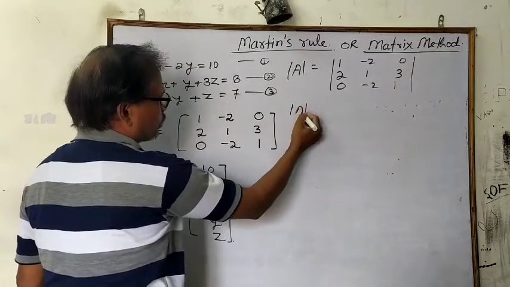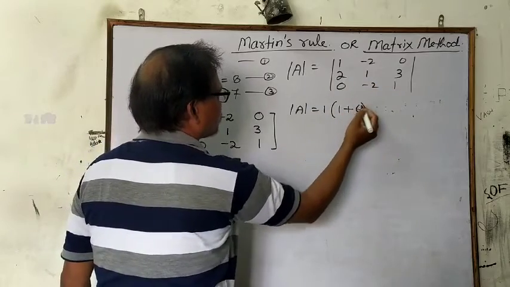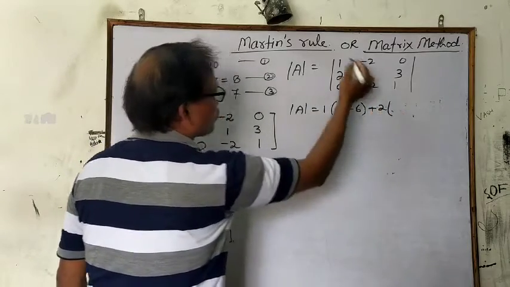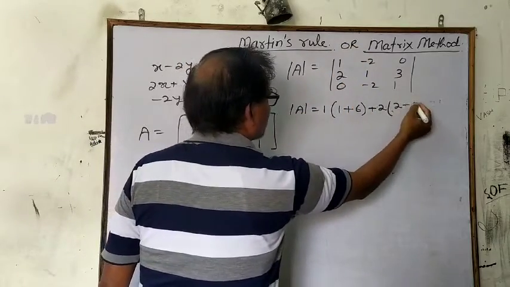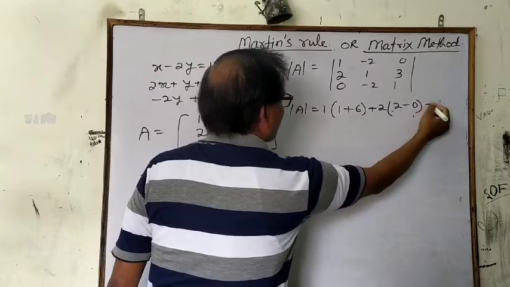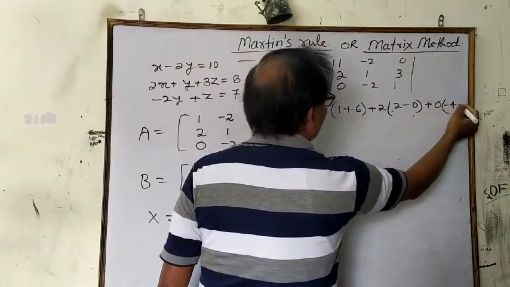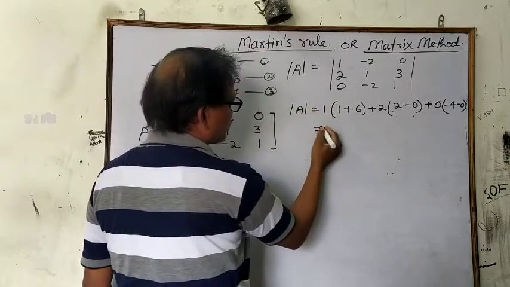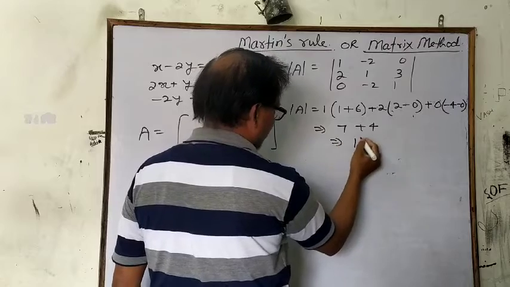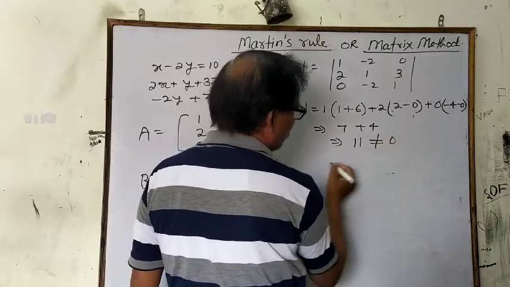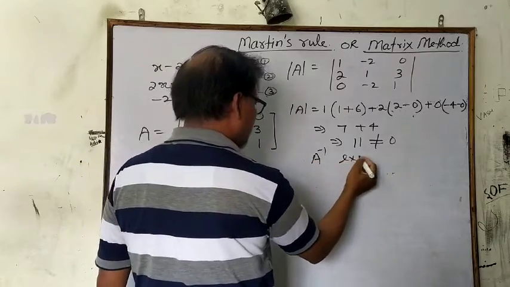Then modulus of A is 1 times (1 plus 6) plus 2 times (2 minus 0) plus 0, which is 7 plus 4, that is 11. It is not equal to 0, which means the inverse of the matrix exists.